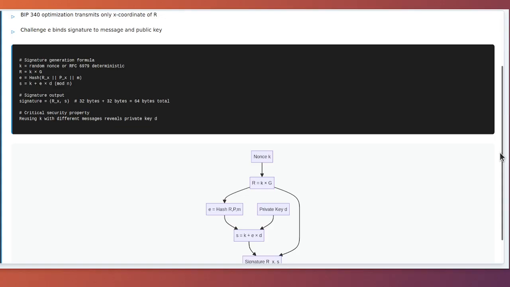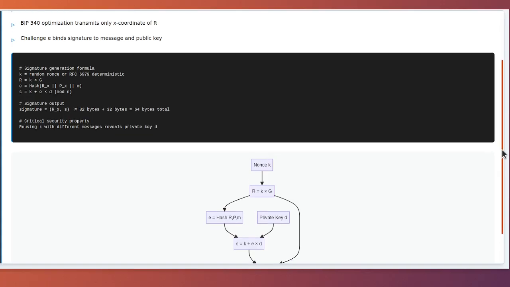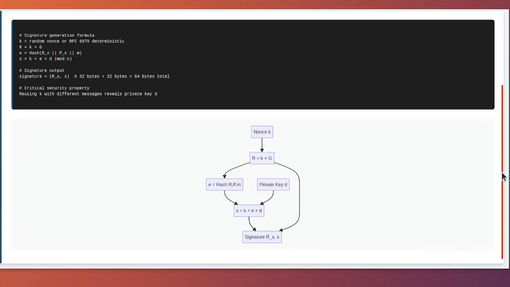This is not a theoretical concern, but it has led to actual security breaches in various systems that implemented nonce generation incorrectly. For this reason, deterministic nonce generation following RFC 6979 is strongly recommended, where the nonce is derived deterministically from the private key and message using a pseudorandom function.